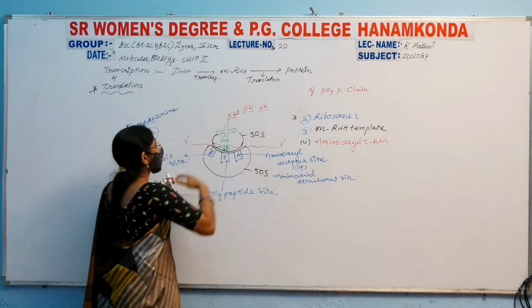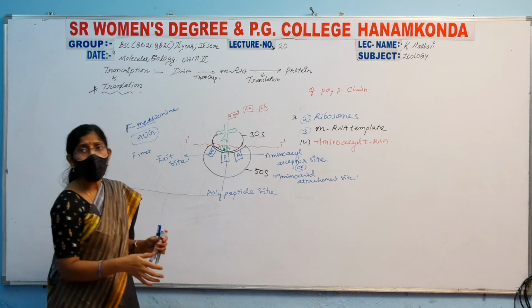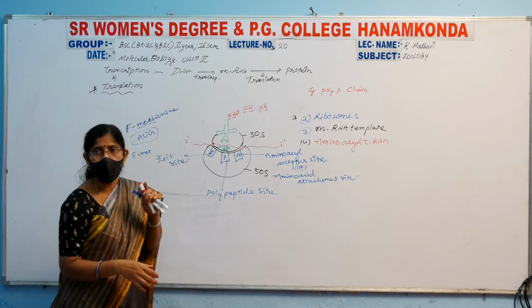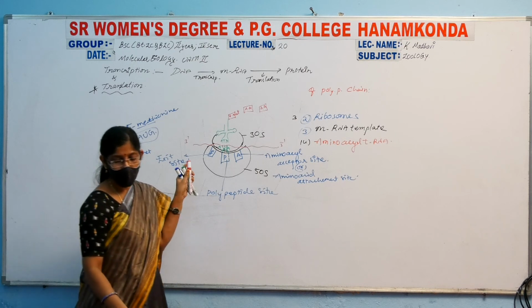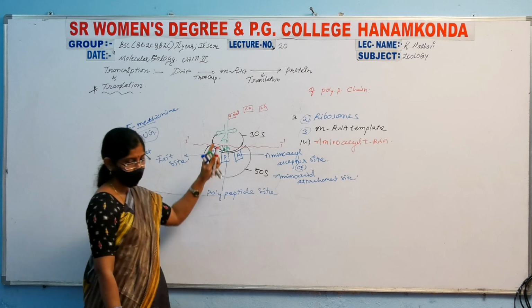The first amino acid goes through this process: AUG, F-methionine. This methionine is joined in this process.